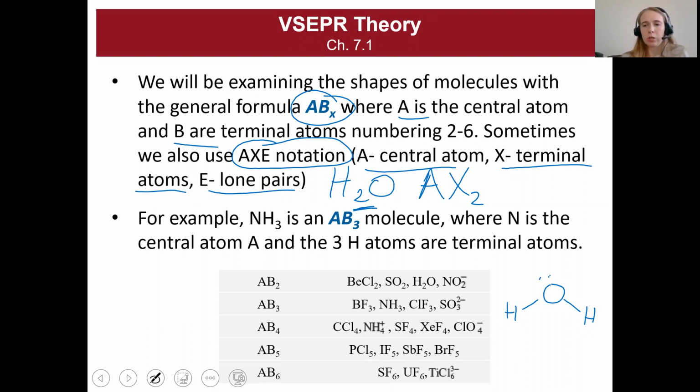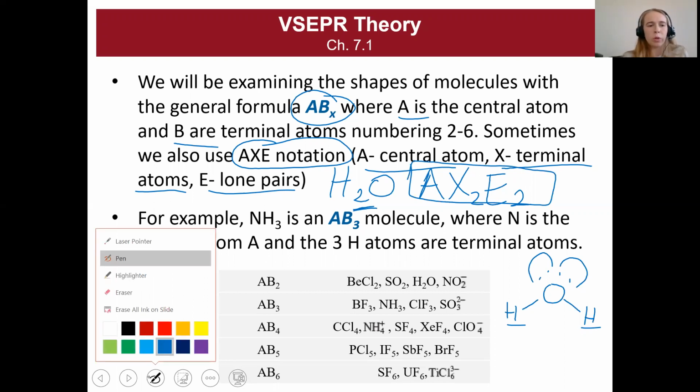We might not have drawn it this way yet, but you'll be drawing it this way pretty much all the time from now on, and you'll see why in the rest of this video. But water has 2 hydrogens, 2 terminal atoms, and then 2 lone pairs here as well. So it would be written as AX2E2. So that's the AXE notation for water.